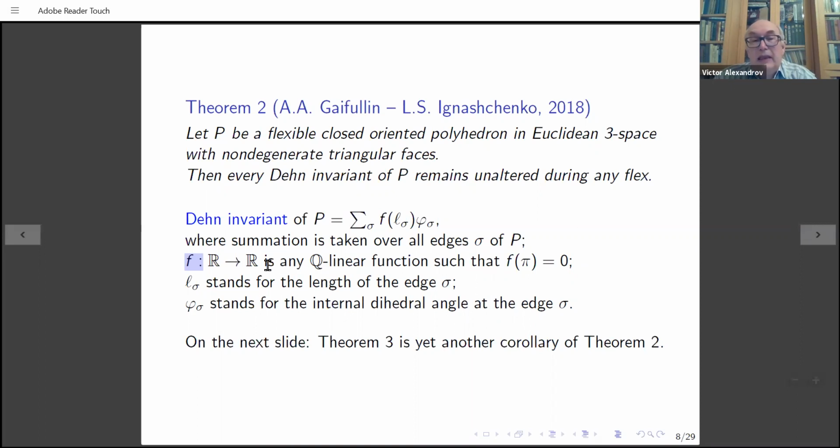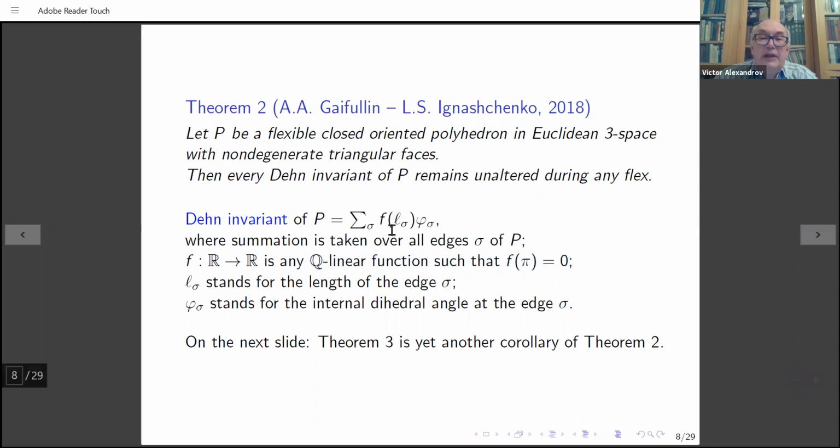But if we say nothing about continuity of this function, then it is known that there is a continuum of such Q linear functions that are equal to 0 at pi.